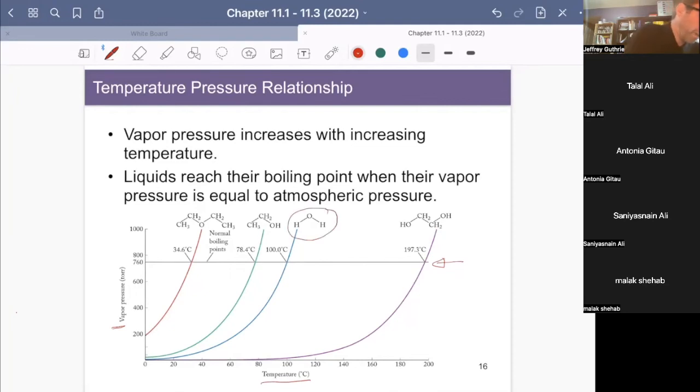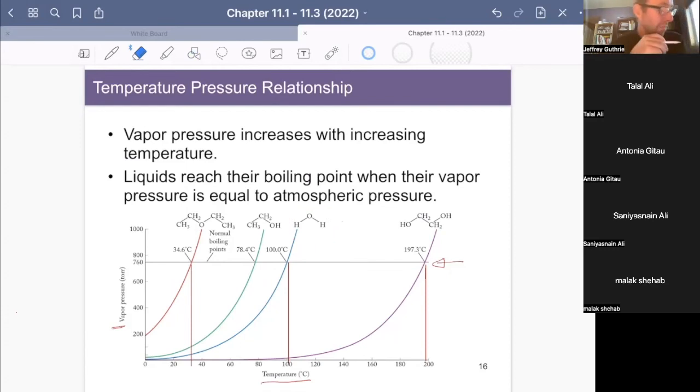There's 100 degrees Celsius. That's when it starts to boil. But this one over here gets to about 200 degrees Celsius before it starts to boil. And this one on the very left-hand side boils at somewhere around 34.6. Okay.